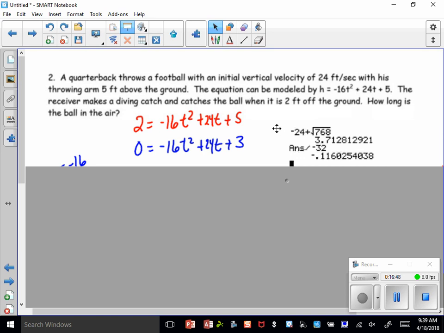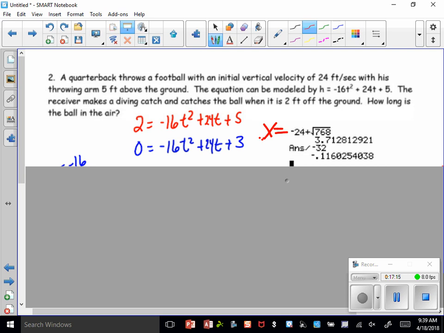Okay, but please, guys, when you separate it into two parts, and I should tell you to do this when you write it down, always say x equals. Okay, so that should be an x equals -24 plus the square root of 768. Hit enter, then divide that by -32. How many people got -0.116 and so on? Great.